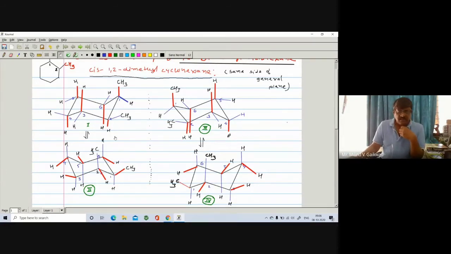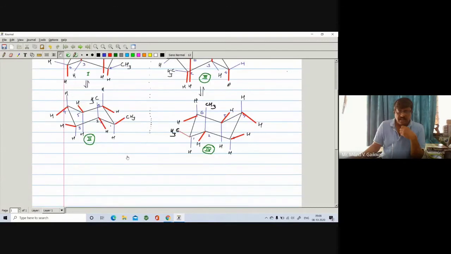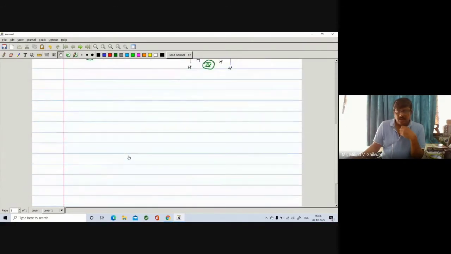So in cis-1,2-dimethyl cyclohexane, firstly we have to see point number one. It is a cis, right? Cis-1,2-dimethyl.